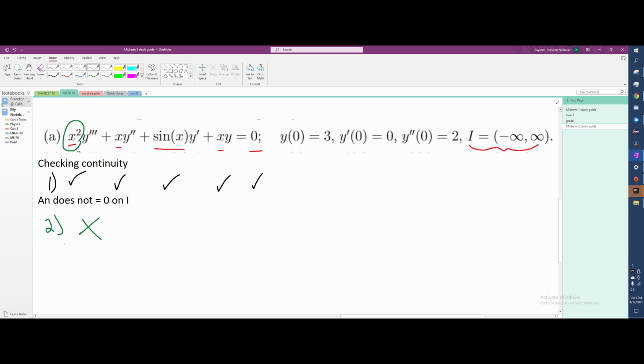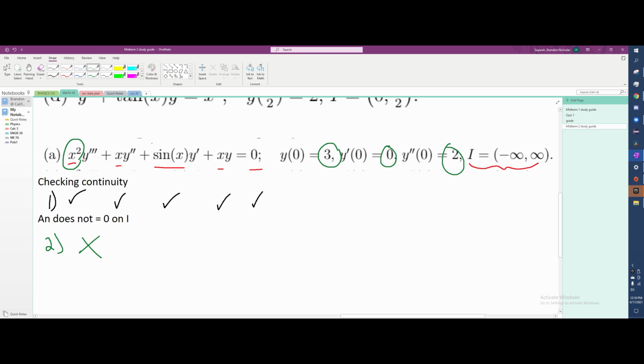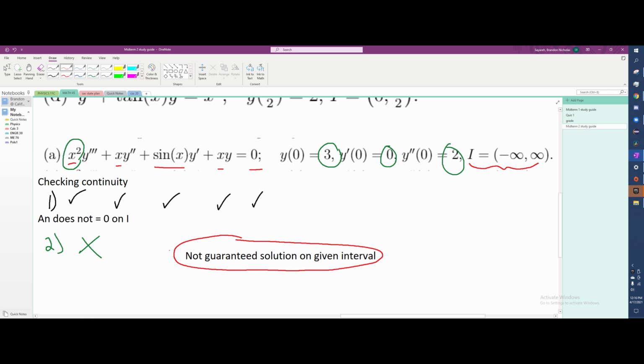The third test would be to make sure that these values exist in the interval, that they are included in the interval. However, since step 2 does not work, we are not guaranteed a solution on the given interval. And you could write your answer like that and circle it, pointing to the step that failed.